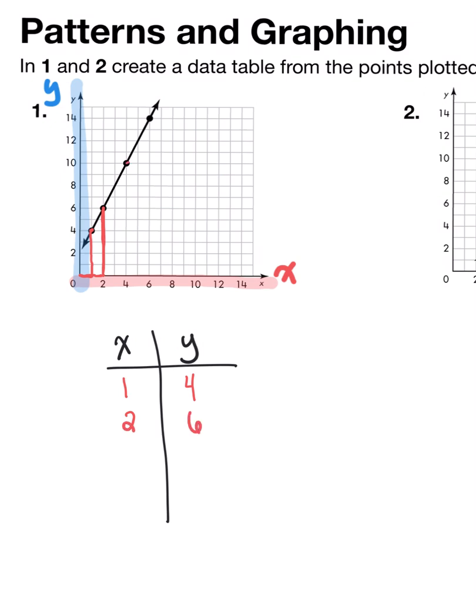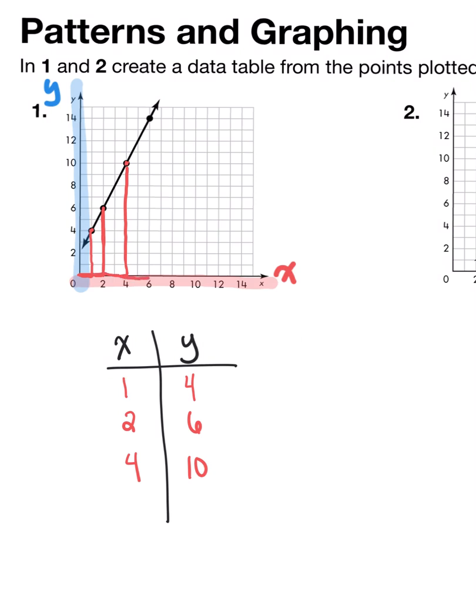Okay, let's look at this data table right here. That point is located at X-axis 4, Y-axis 10. So 4, 10. And then this last one is located at X-axis... Oh, looks like I overshot that one a little bit. Okay, let me try again.